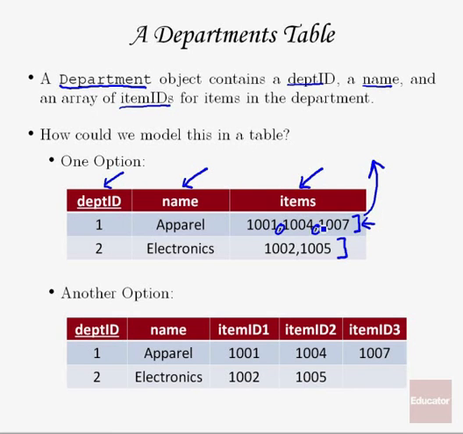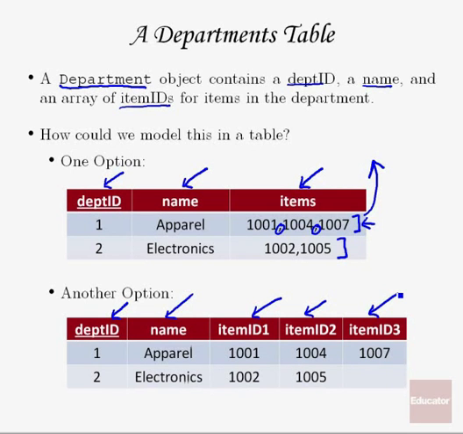So another option you might think would be, let's have a department ID column again, a name column again, but then this time we create a column to store the item ID of each item in the department. So we'd have a different column for each item in the department. We might have one called item ID 1, item ID 2, and item ID 3.